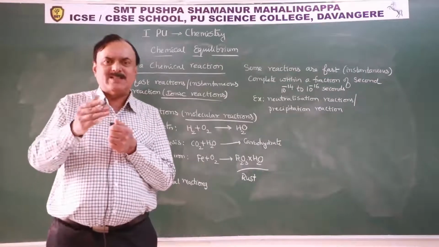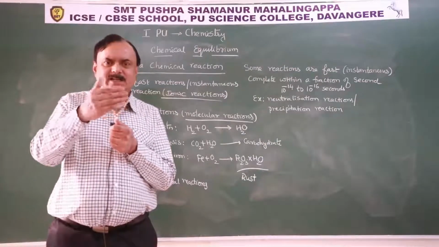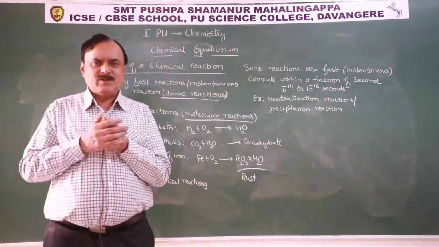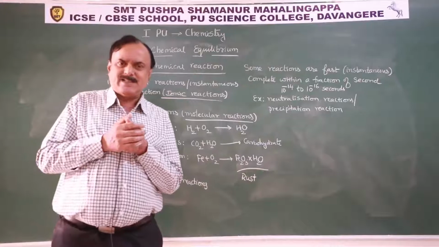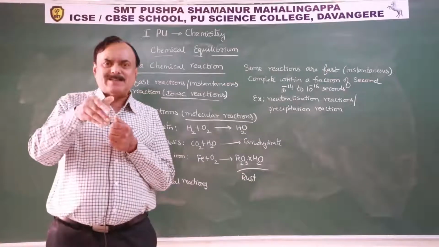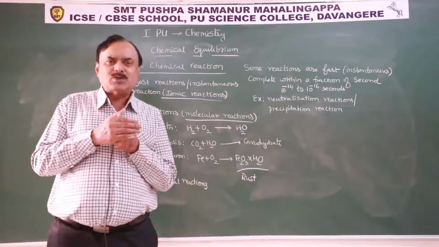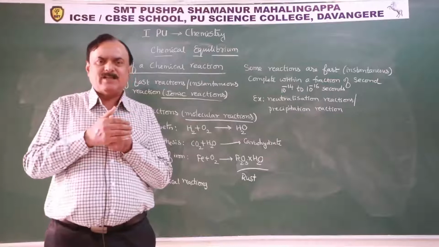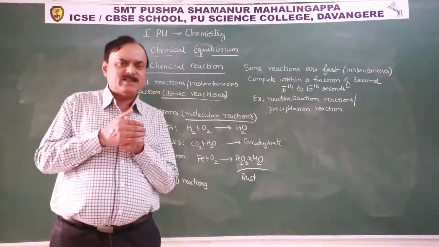For example, photosynthesis requires sunlight energy, and hence it is an example of a photochemical reaction. Is it clear? In electroplating, electricity is passed into the electrolyte solution, and hence these are called electrochemical reactions. Is it clear?